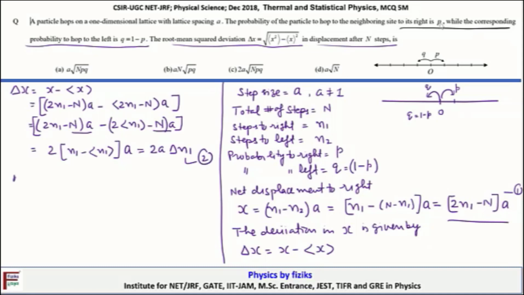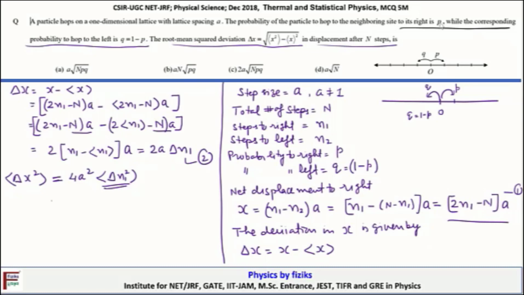So from here, the average of delta x square is equal to 4a square times the average of delta n1 square. Okay, and further, if you remember the article done in the book by Reif, delta n1 square is already calculated there. Delta n1 square is basically npq.